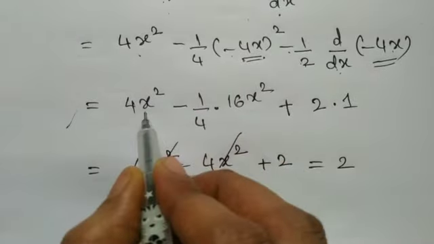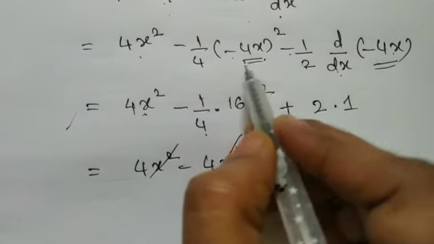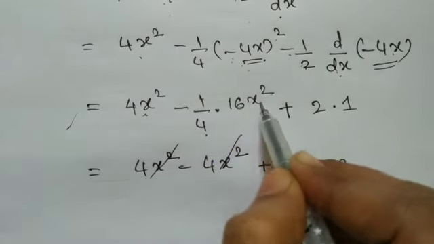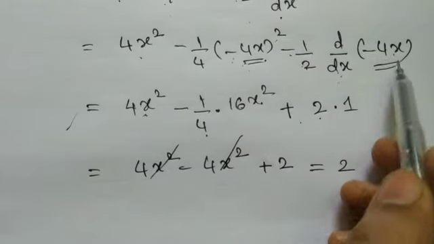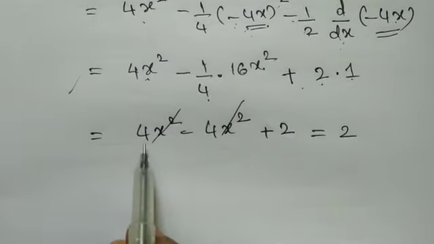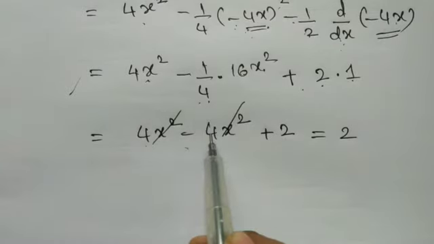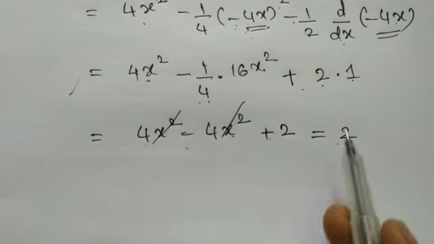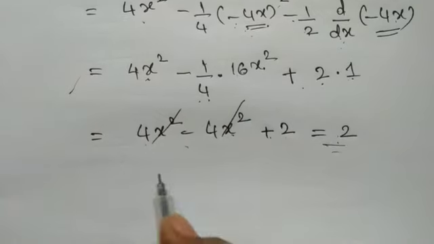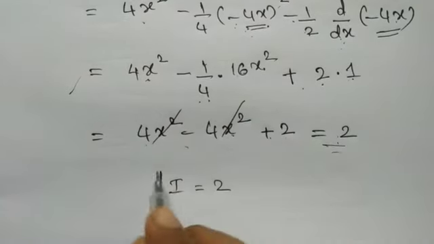So 4x square minus 1 by 4 into 16x square plus 4 by 2 is 2, d by dx of x is 1. So 4x square minus 4x square plus 2. The 4x square terms cancel, so I equal to 2.